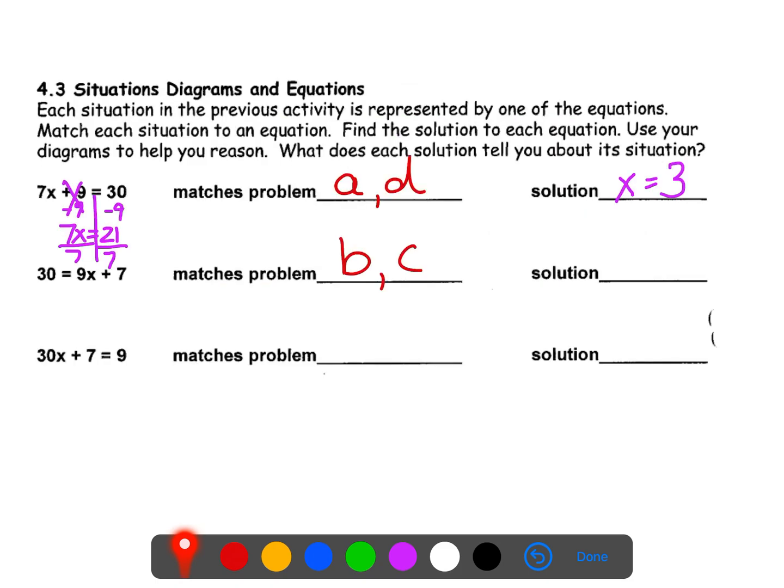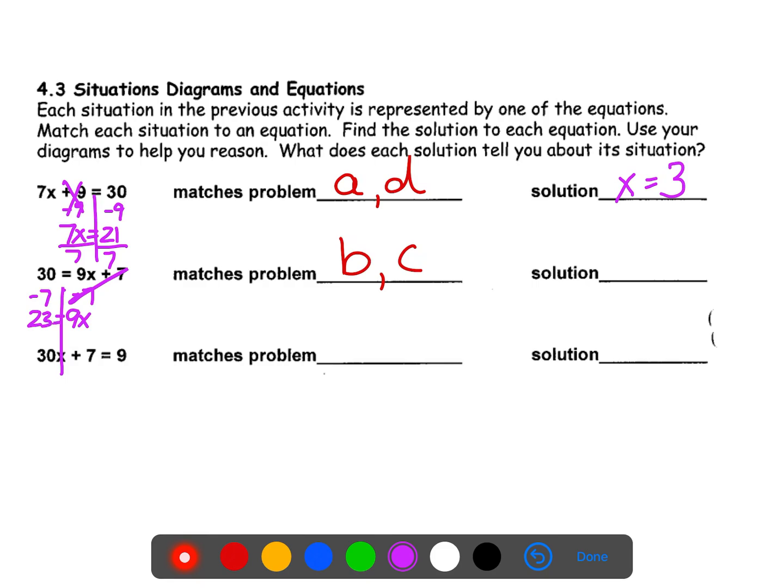But when we solve this, we're going to do the same process again. We want to remove that extra 7, so we'll subtract 7 and balance it on each side. What we're left with once that cancels is 9x, and then remove 7 from 30 to equal 23.